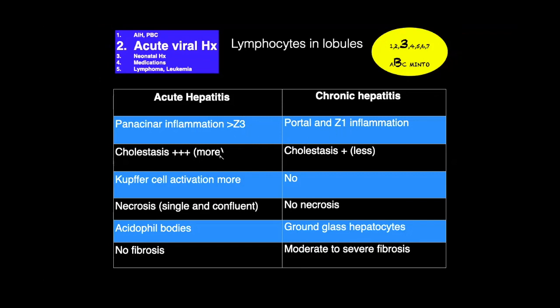Cholestasis will be more in acute hepatitis. Kupffer cell activity will be more again, as we saw. Necrosis, both single cell, which is known as Councilman bodies, and confluent necrosis are very commonly seen in acute hepatitis. Councilman bodies or acidophil bodies are seen in acute hepatitis. Usually there is no fibrosis in acute hepatitis, whereas in chronic hepatitis you see severe fibrosis. Please remember this table to differentiate acute and chronic hepatitis.